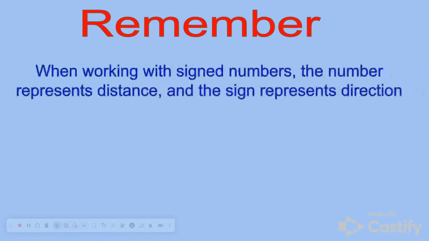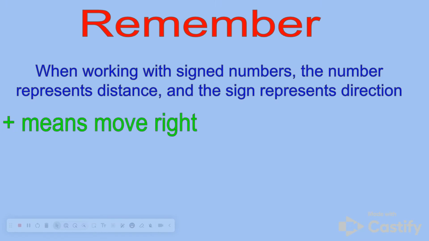So what we need to remember is when you're working with signed numbers, the number represents the distance, the absolute value, the distance from 0. The sign represents what direction it goes in. Positive means we're moving right. So when we see positive 8, the 8 means we're moving 8 spaces, and the positive means we're going to the right.